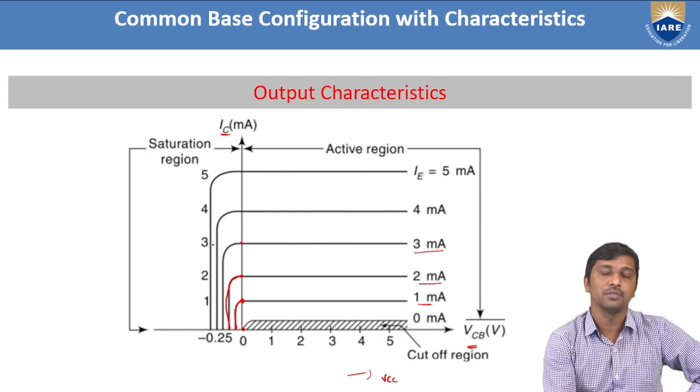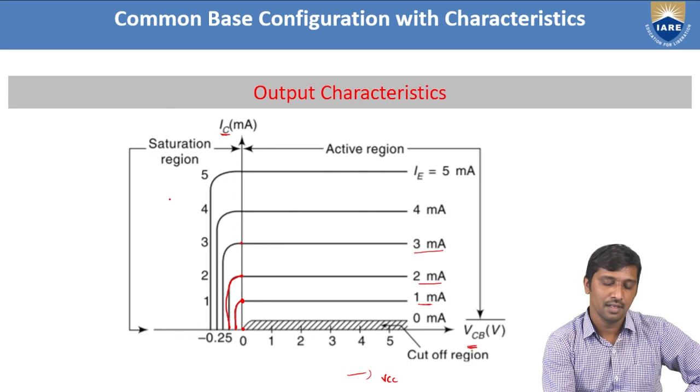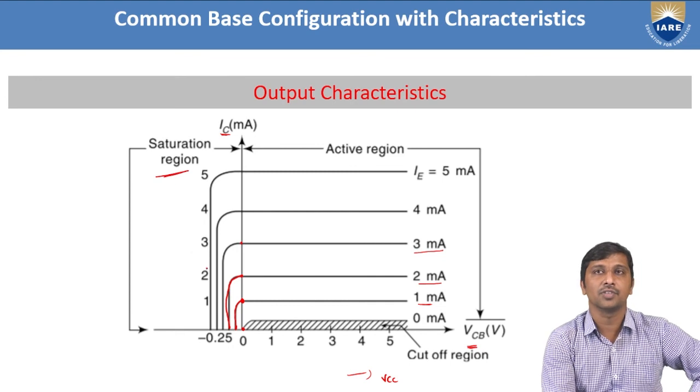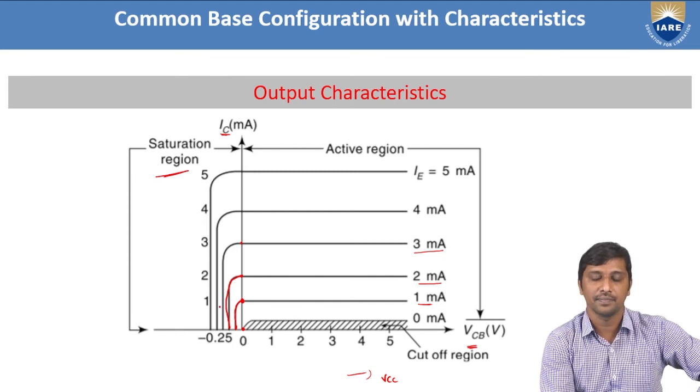Now you can observe here, at this point the emitter base junction is already forward biased, and due to the application of negative voltages across the collector base junction biasing, the collector base junction also becomes forward biased. We know that when the emitter base junction is forward biased and the collector base junction is forward biased, that particular region is called the saturation region.